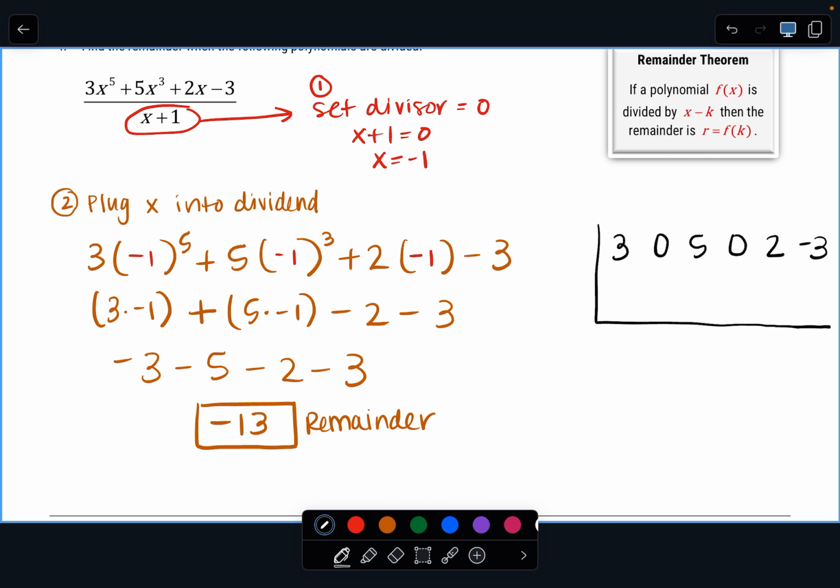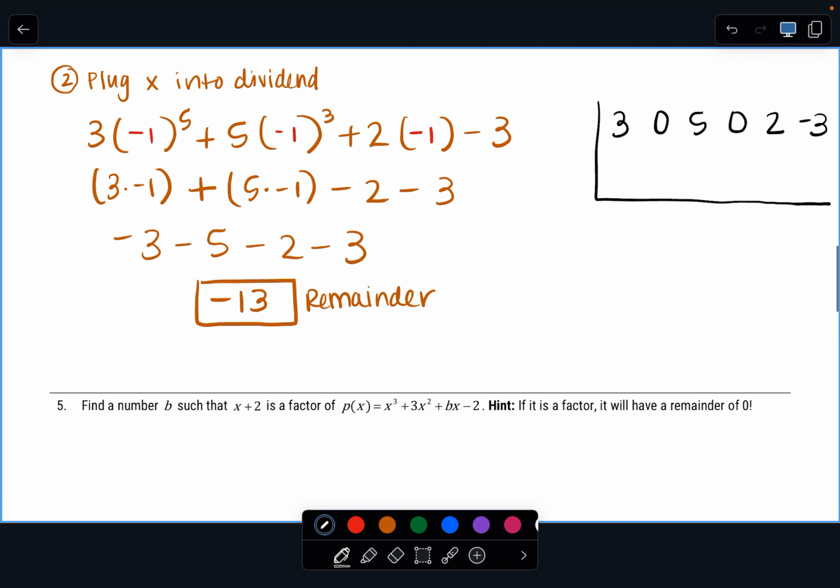What would my outside number be? Negative 1. We drop. Negative 1 times 3 is negative 3. Negative 3 plus 0, negative 3. What's negative 3 times negative 1? 3. We add, we multiply, we add, we multiply, we add.